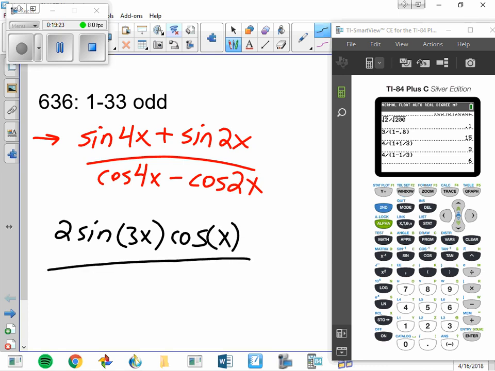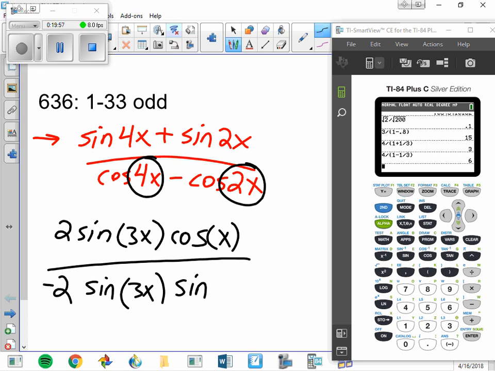Over, which formula are we going to use for the bottom? The last one. So that formula is negative 2 times the sine of 3x over the cosine, sine of x, because the negative's out front.